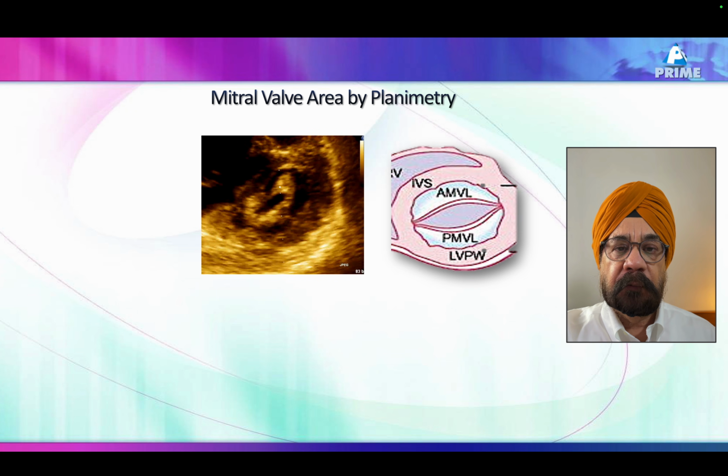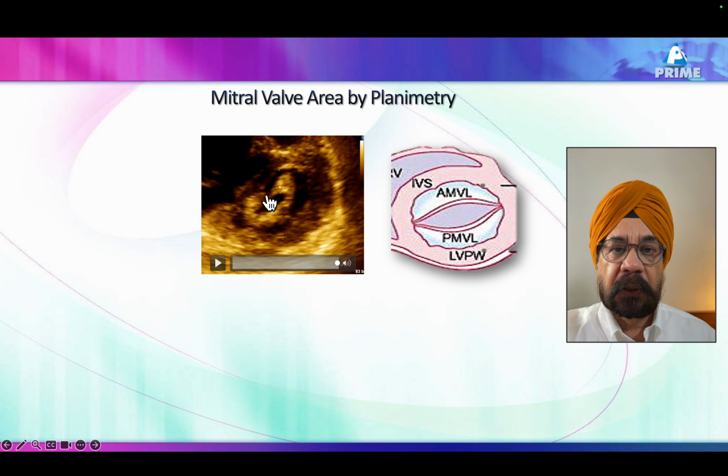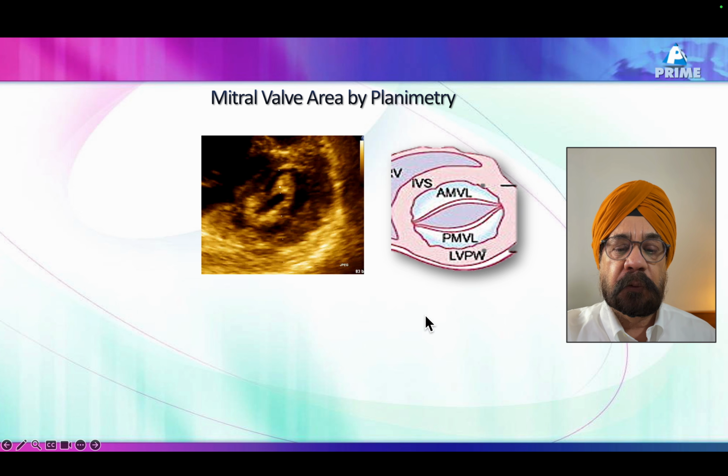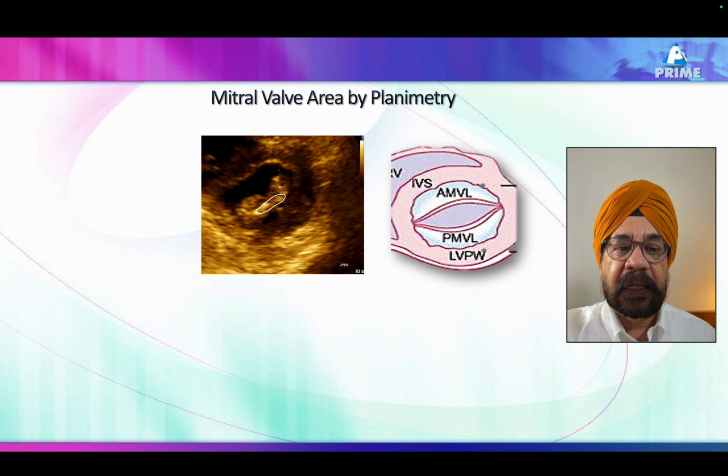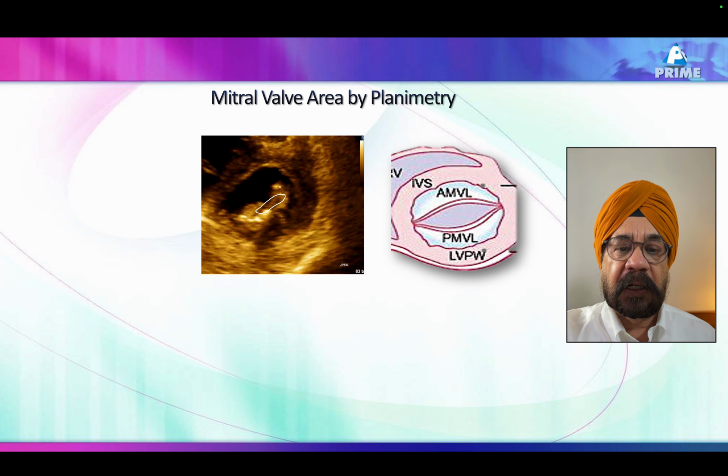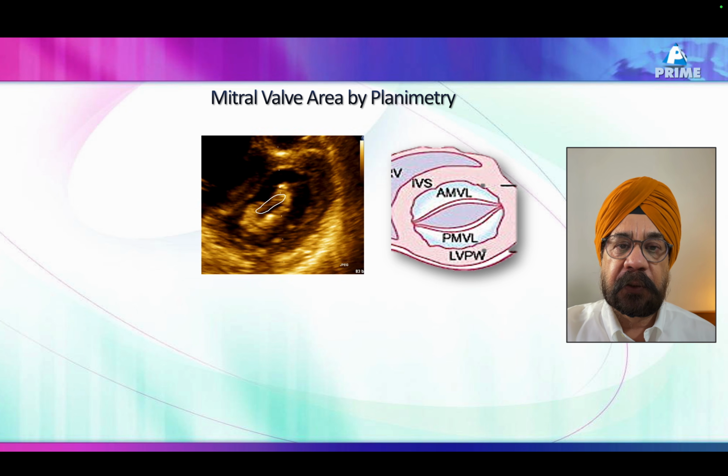Planimetry is when you see the short axis view of the mitral valve. If you take a parasternal short axis view at the level of the mitral valve, you can do a planimetry of the mitral valve orifice. You calculate the mitral valve area, and you can see the mitral valve in motion.